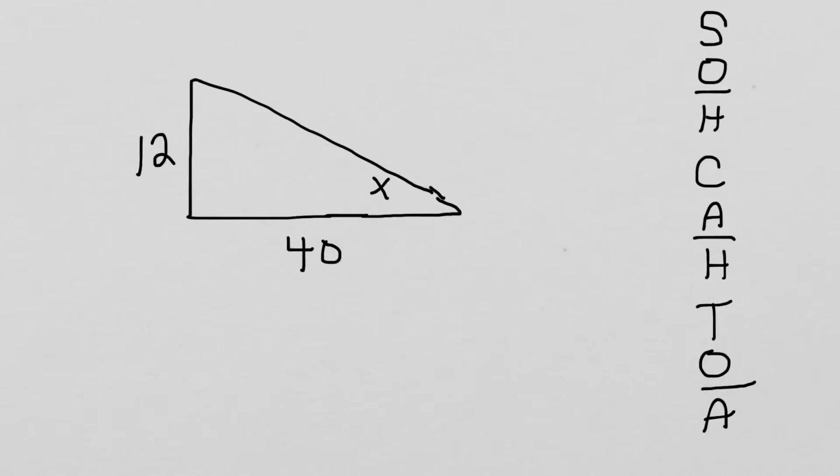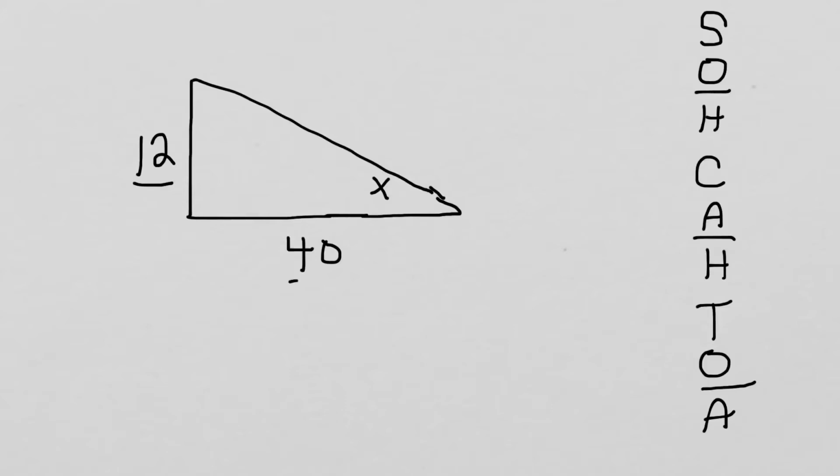Here we have a problem. It's a lot like the first one on your worksheet. We want to find out the angle x. First thing we need to do in solving this problem is to identify which trigonometric identity we want. If x is down in this right-hand corner, this 12 is going to be opposite.